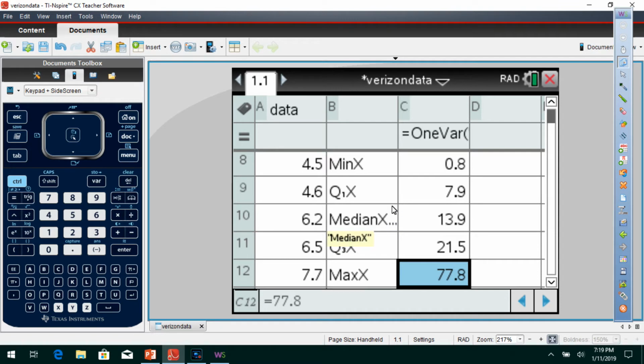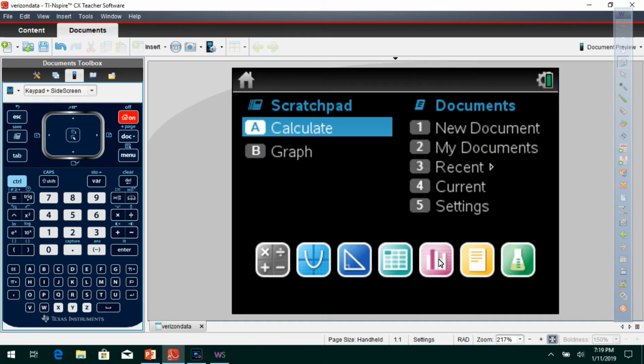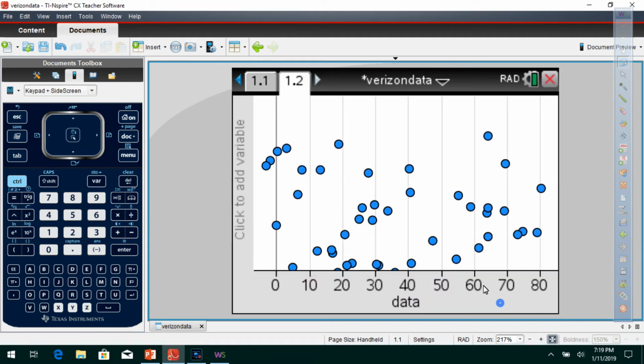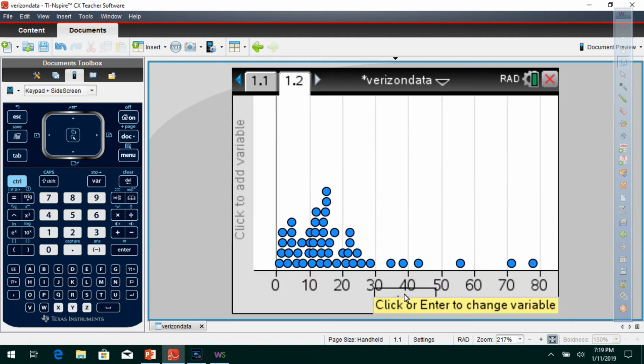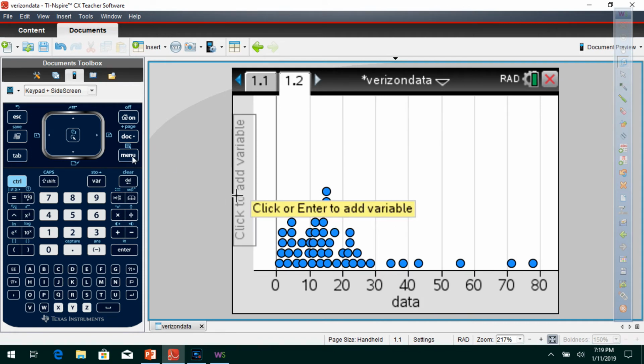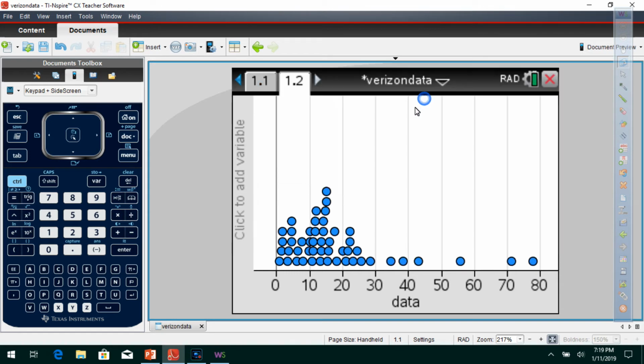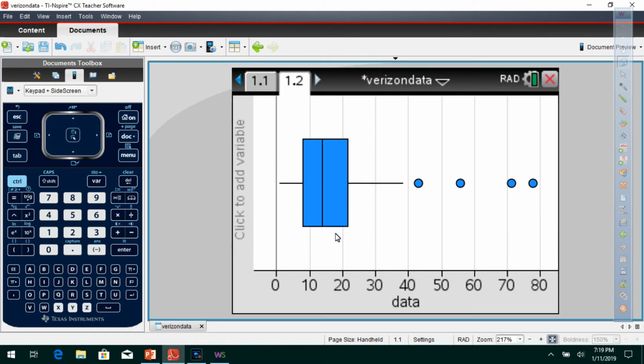We can also draw a box plot on this, and the Inspire actually does the modified box plot for you. In the graph, we call this data. To make it into a box plot, press menu, 1 for plot type, 2 for box plot, and it does it for you.